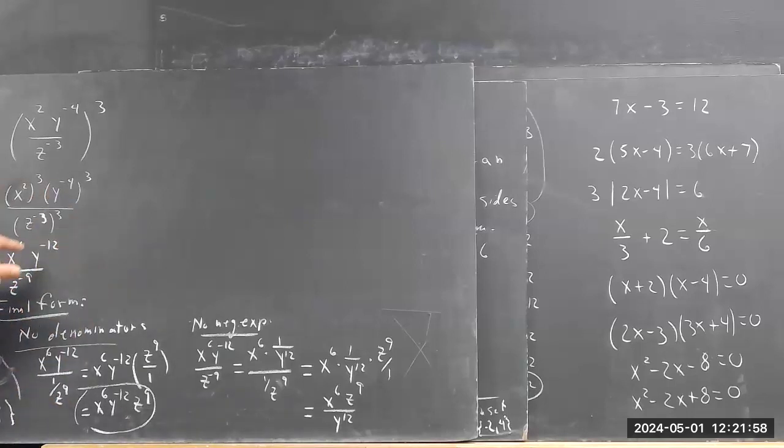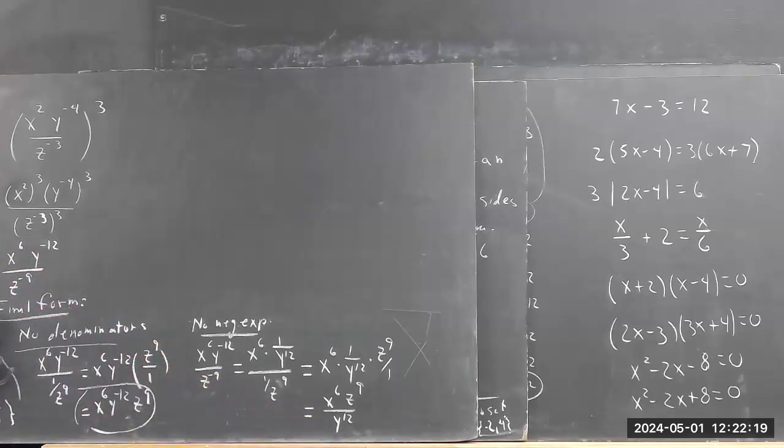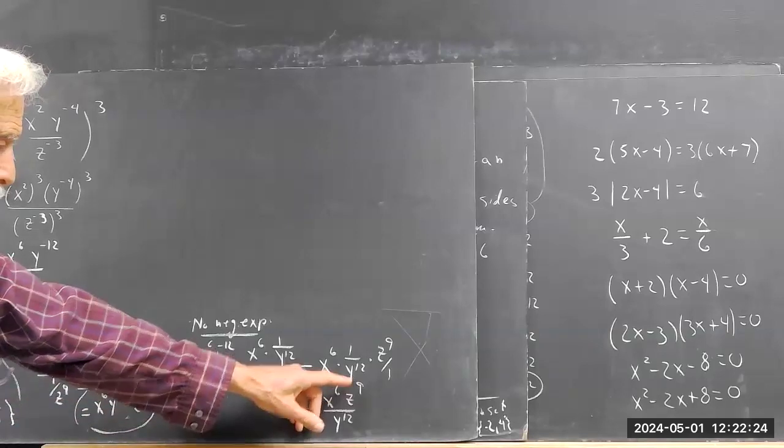If I go from the denominator to the numerator, my exponent will change sign. If I go from the numerator to the denominator, my exponent will change sign. So that y to the negative 12th in the numerator became a y to the 12th in the denominator. A z to the negative 9th in the denominator became a z to the 9th in the numerator.